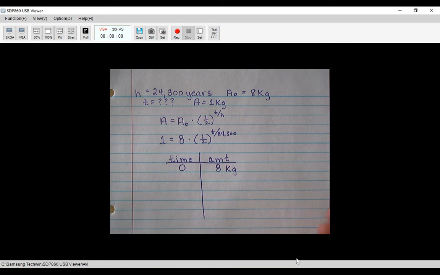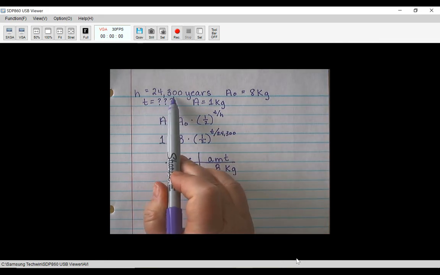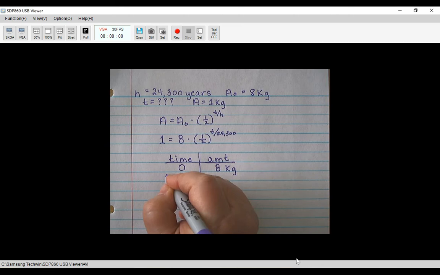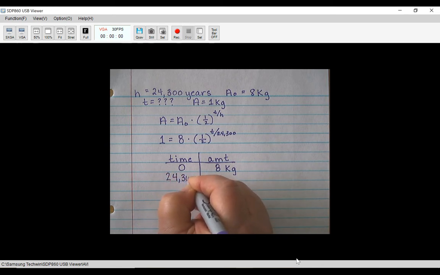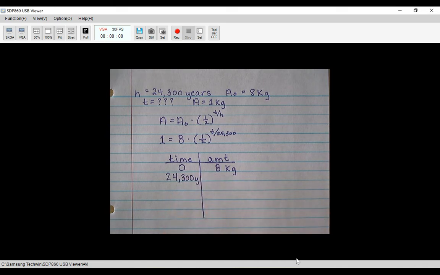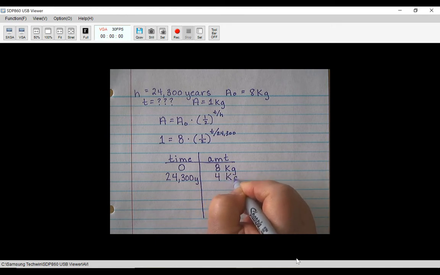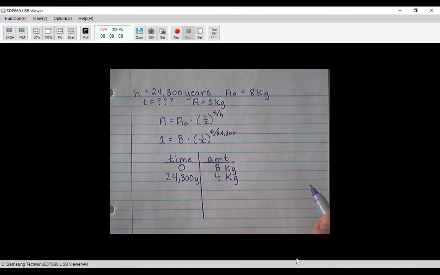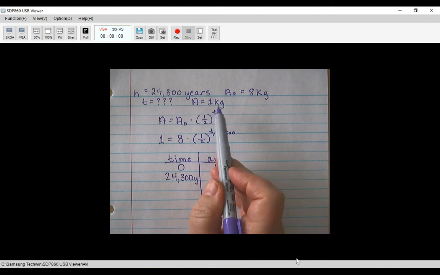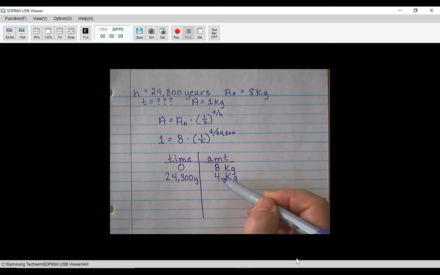Now, the half-life is 24,300 years. So the next time we're going to be worried about is 24,300 years. This is going to half to 4 kilograms. We want to know, when is it going to be 1 kilogram? So let's keep halving.